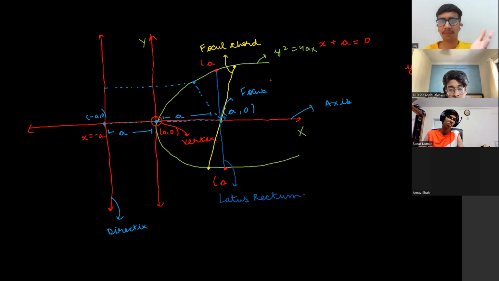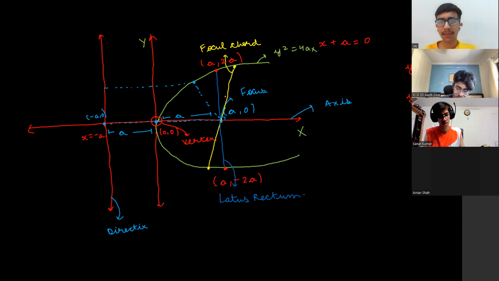Since this is perpendicular, it makes sense that the x coordinates of both endpoints are a. Now we need their y coordinate. So I put x as a in my parabola. What I get is y square is equal to 4a into a, right? That means y square is equal to 4a square. So y will have two values, plus minus 2a. One endpoint will be (a, 2a) and the other endpoint will be (a, minus 2a).